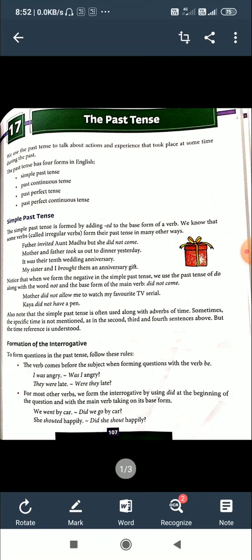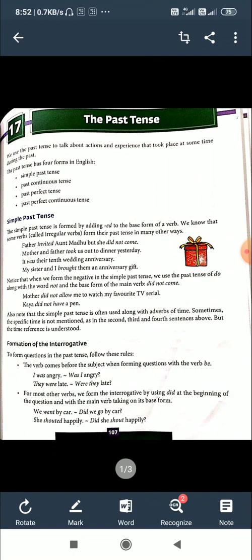Look at the examples. Father invited Madhu, but she did not come. Father and mother took us out to dinner yesterday. It was their 10th wedding anniversary.